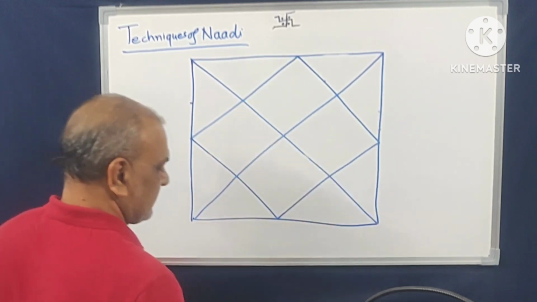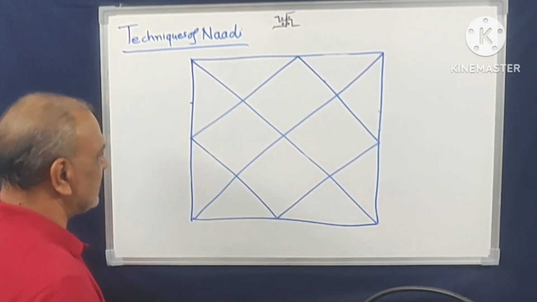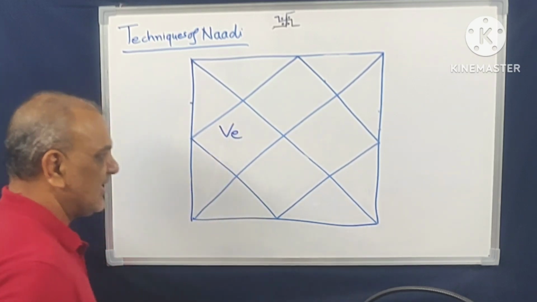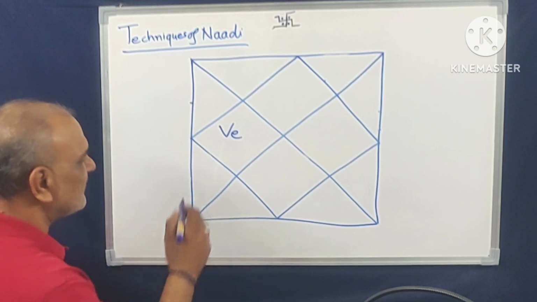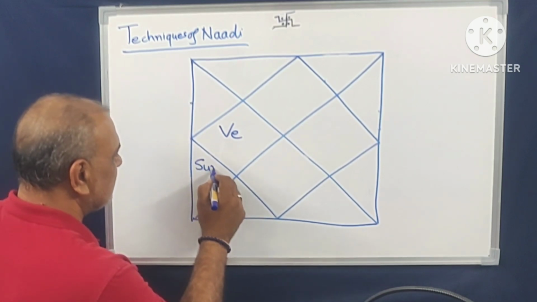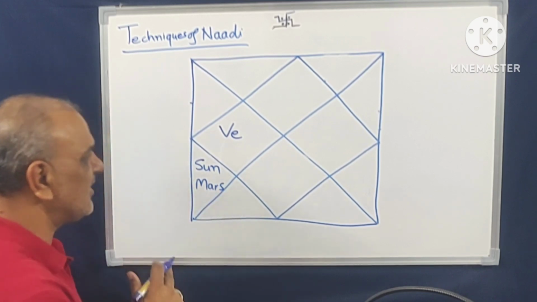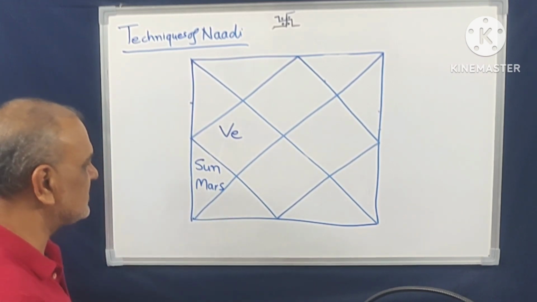Let's say in another example I will take Venus, and if it is a female chart, if Venus has Sun and Mars, this combination has to be carefully analyzed.